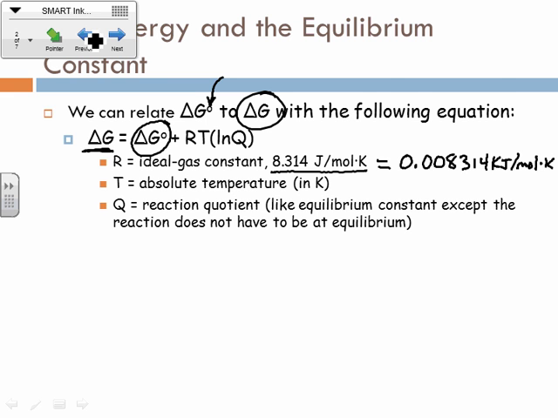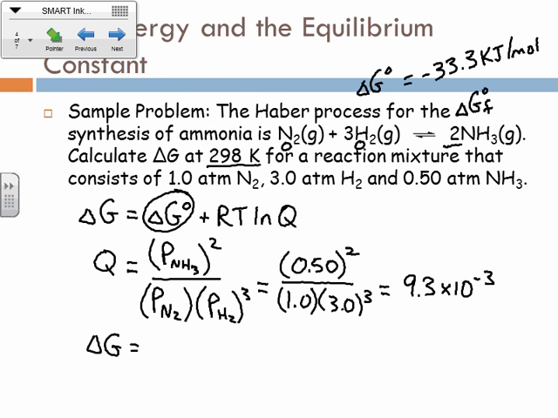But we've got to make sure that our units match here. So when we plug all this in, our delta G here is negative 33.3 kilojoules per mole. And really that's just kilojoules at this point because we multiplied it by the moles in the equation.